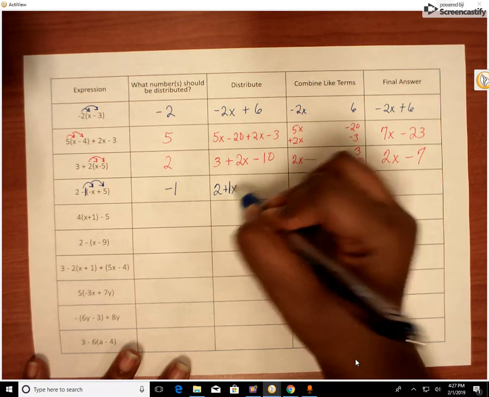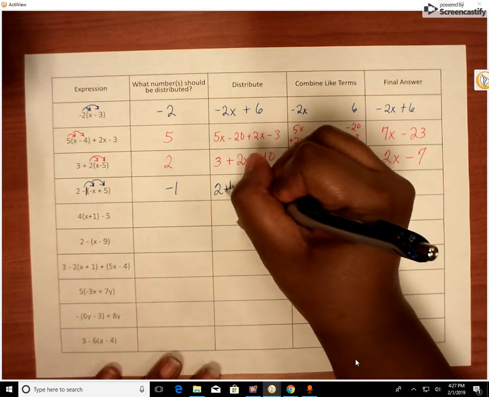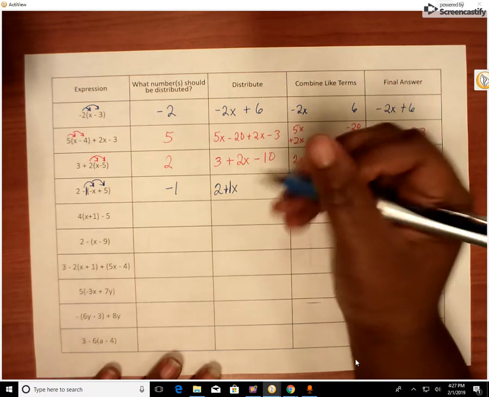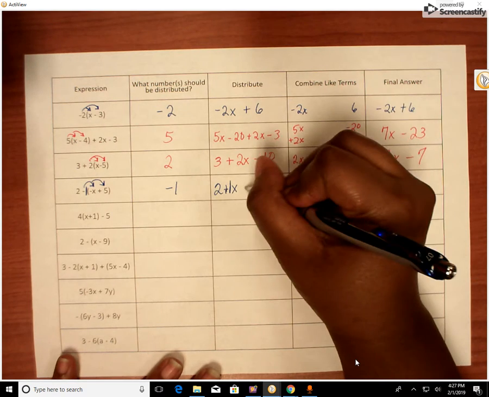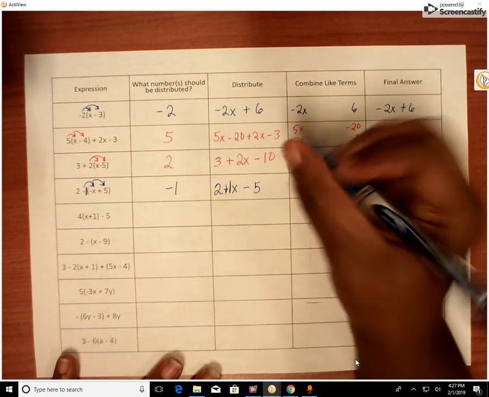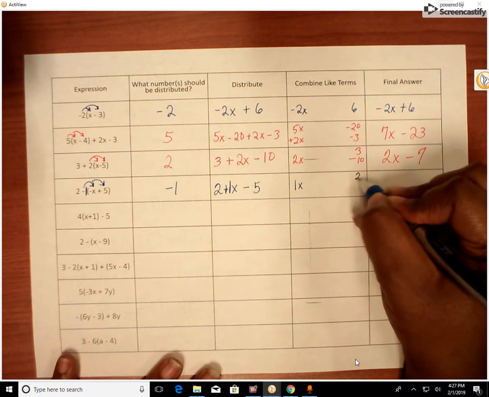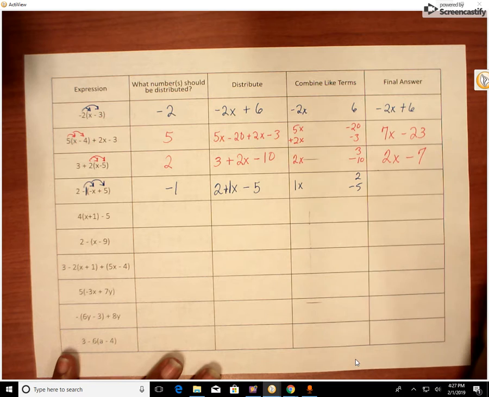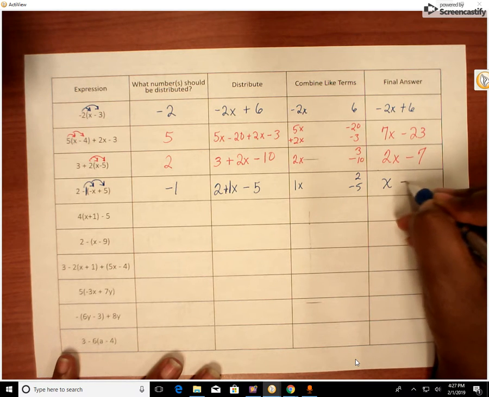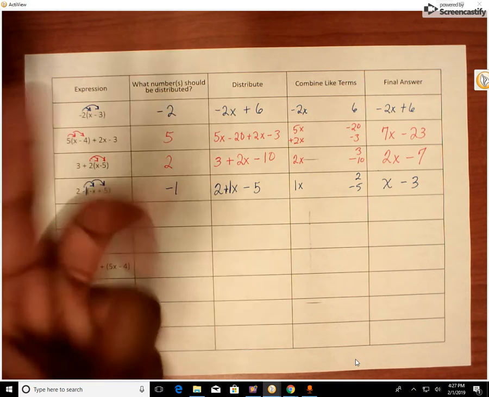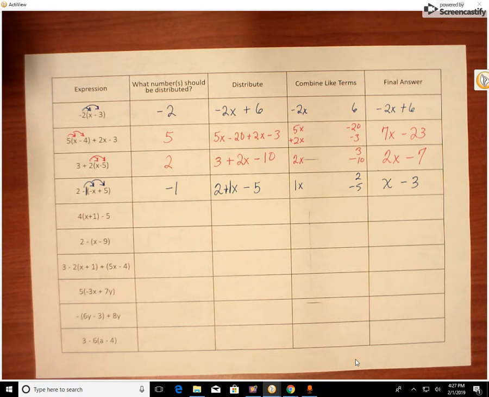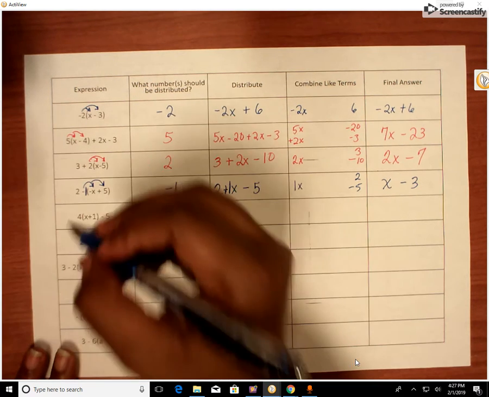And you can put that 1 there, a 1x. Negative 1 times 5 is a minus 5. So we have 1 little x, literally, and 2 minus 5. So that's going to give us x minus 3. Because again, you have 2, you're trying to get 5 from it, you're short by 3.